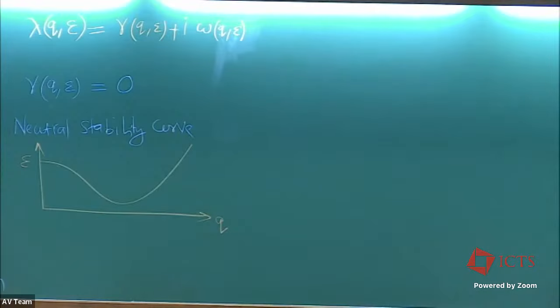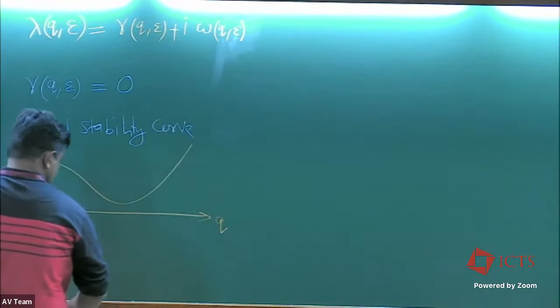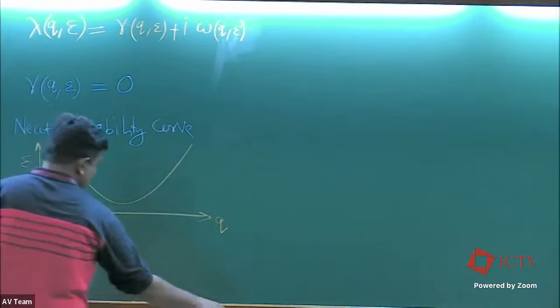Okay, so that's the neutral stability curve. This is basically saying where the real part of the growth rate is 0, and by the way, this should be 0, so we should just go a little bit above.